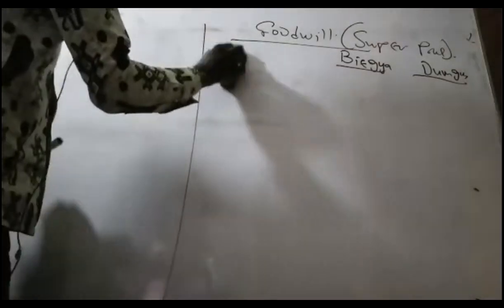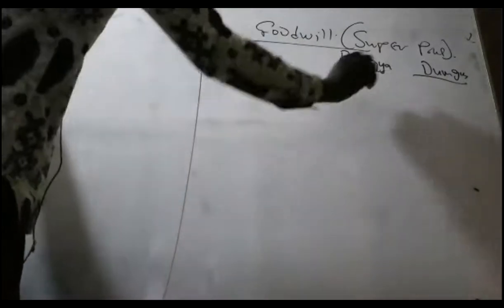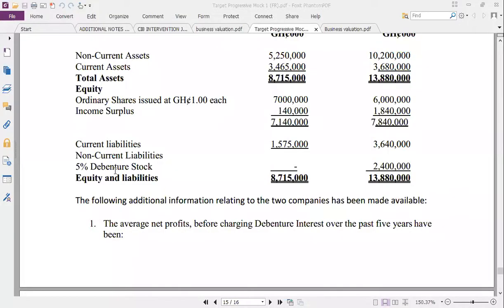So let's just use our calculator to estimate the capital employed quickly without going to see here. Now the capital employed will be from the question. Capital employed is total equity plus non-current liability. So let's do one after the other.